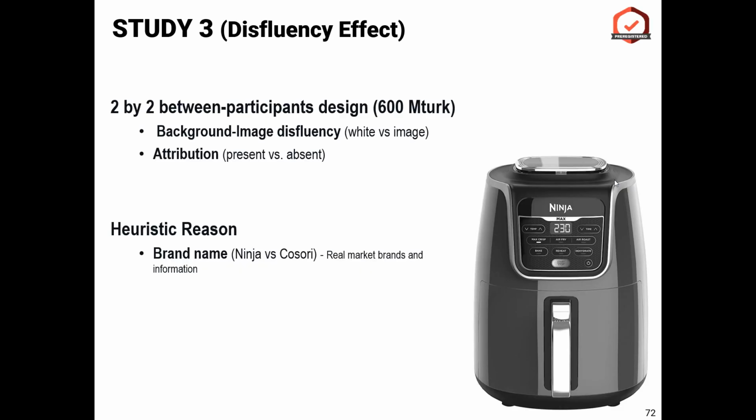In another study, we tried to show whether this effect happened because of disfluency or not. According to the literature, if the effect is driven by disfluency, then by drawing participants' attention to the source of disfluency, the effect should be gone. So in this 2 by 2 between-subject design, instead of font, we manipulated disfluency by adding a background image, and before participants observe the options, the two air fryers, we draw half of the participants' attention to the source of disfluency, and again we use brand name as a heuristic cue.